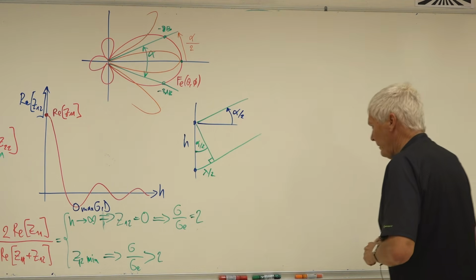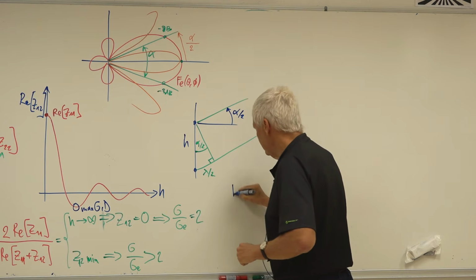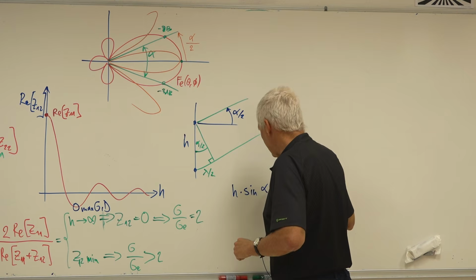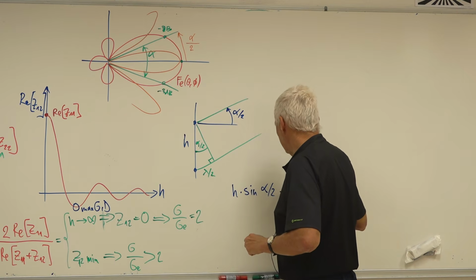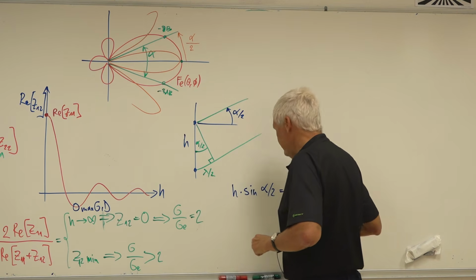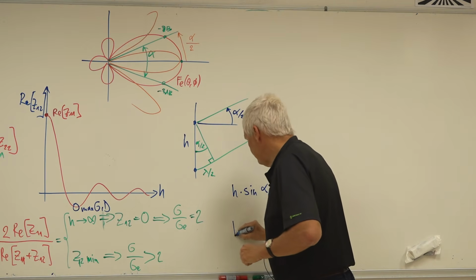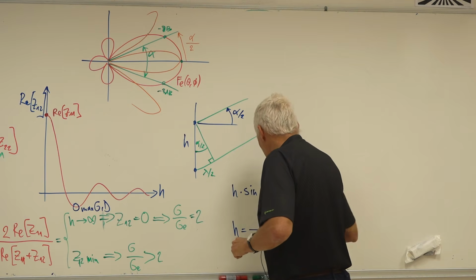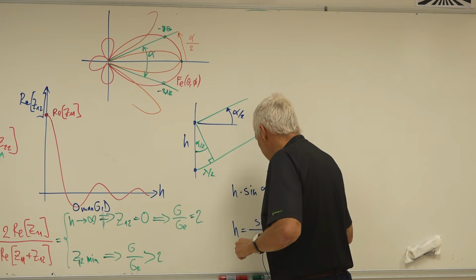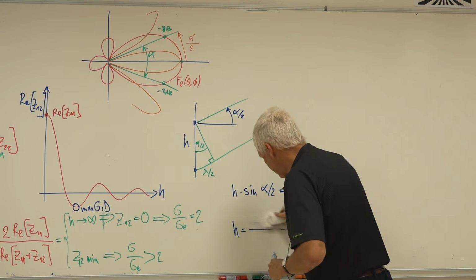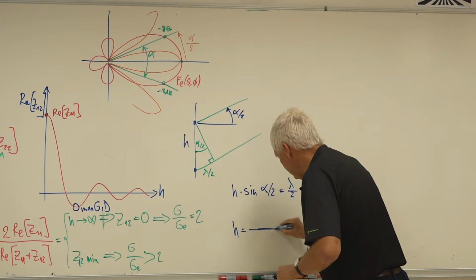So H times sine of alpha half should be equal to lambda half. Or in other words, the spacing of my antennas in an array should be equal to sine of alpha. Sorry, lambda half. I made already a mistake.